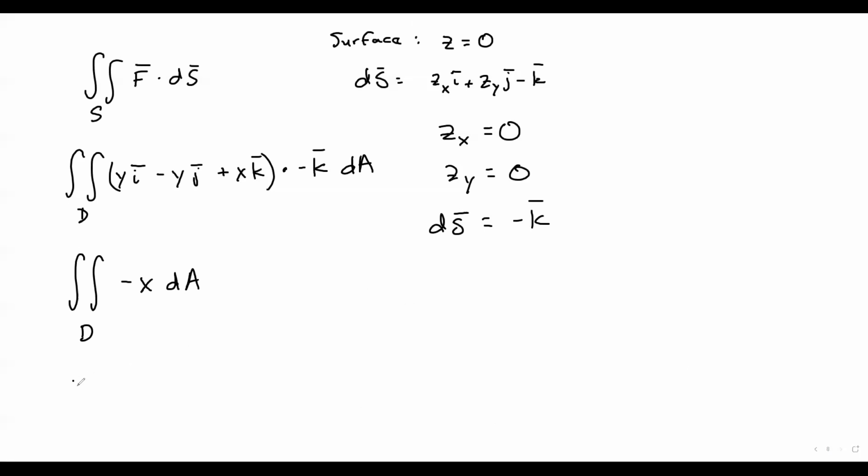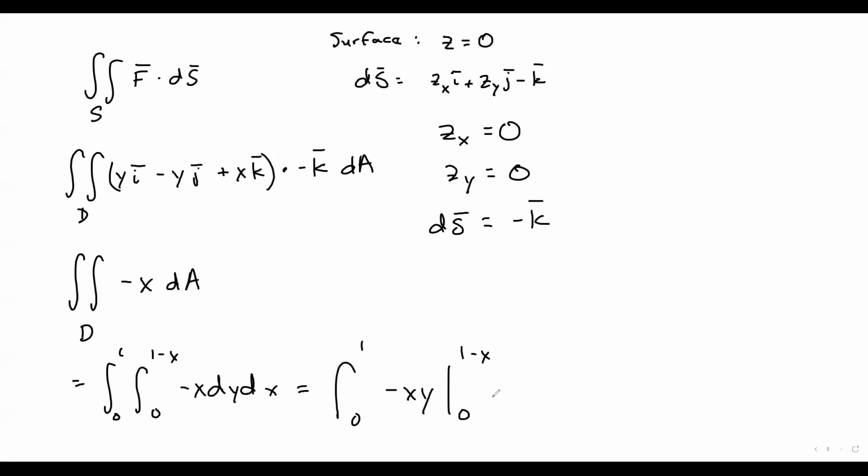All right, so this is going to equal the integral 0 to 1 minus x, 0 to 1, negative x dy dx. The antiderivative of this with respect to y is negative xy, 0 to 1 minus x, dx.